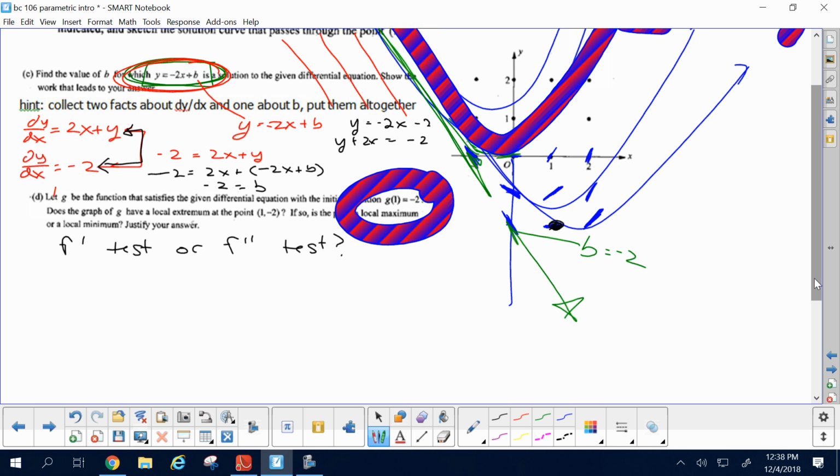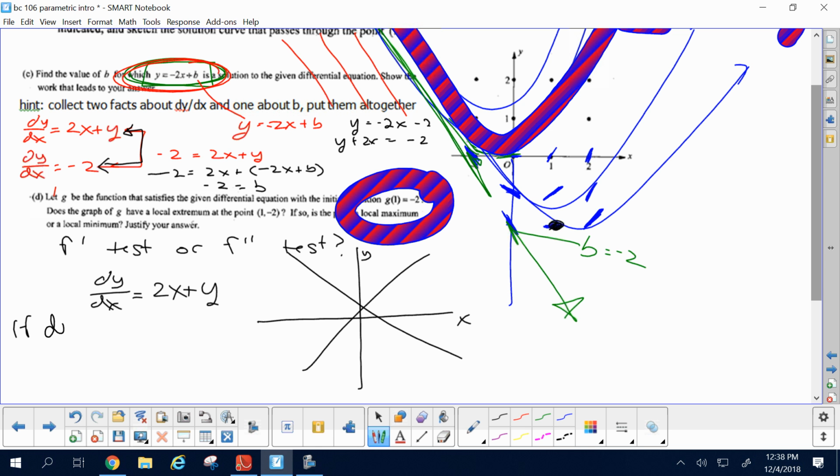The first derivative test doesn't depend on a point, it depends on an interval, right? Okay, that's great. But in this case, the derivative is a function of both x and y. So you're going to do some crazy two-dimensional sign test? No, that's not a thing, okay?